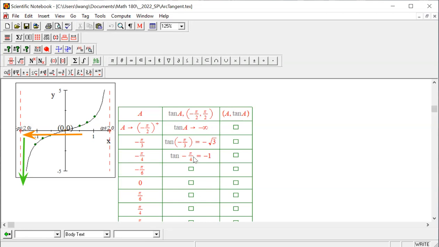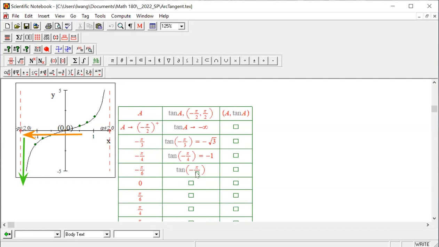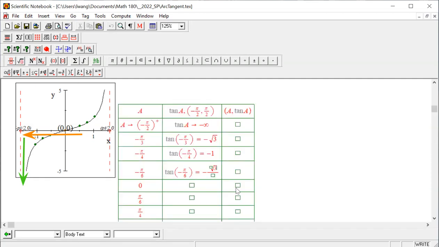And tangent of negative pi over 6, and of course we know this is an odd function, right? This is an odd function. So this is going to be negative root 3 over 3.